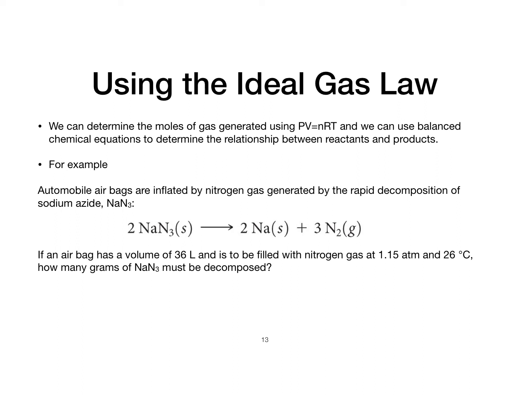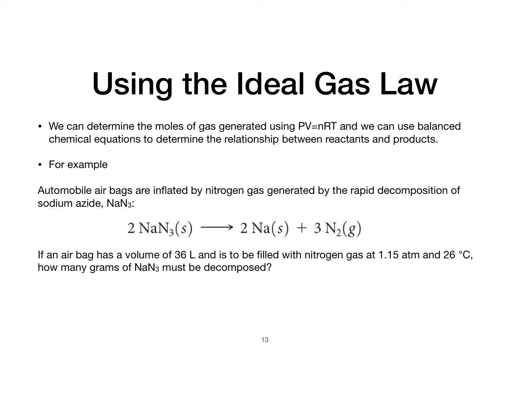So let's think practically. Automobile airbags are inflated by the nitrogen gas generated by the decomposition of sodium azide, which is NaN3. So when it decomposes, you get 2 moles of sodium plus 3 moles of nitrogen gas. If an airbag has a volume of 36 liters and is to be filled with nitrogen gas at 1.15 atmospheres and 26 degrees Celsius, how many grams of sodium azide must be decomposed?